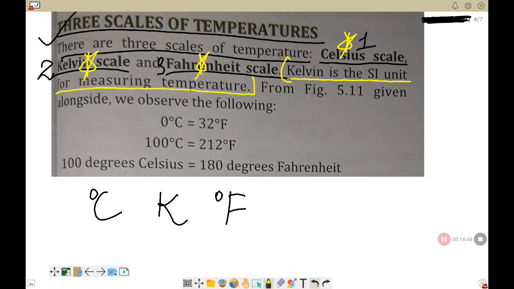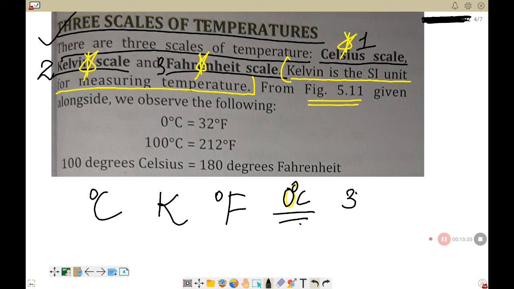Okay, so figure number 5.1, the figure that you have on page number 79. Please see there. You have three thermometers showing the temperature at three different scales. That is 0 degree Celsius, the lower fixed point for Celsius scale, on the first thermometer.